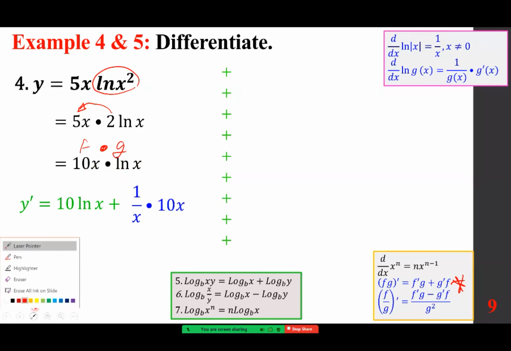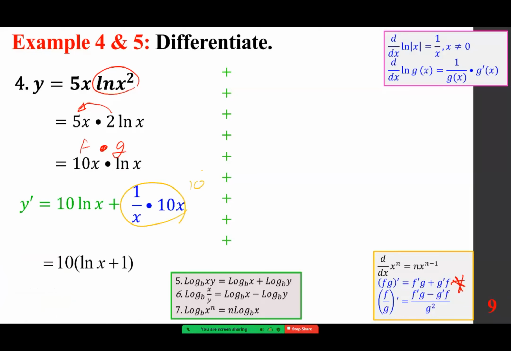And clearly, this one will become 10. I can factor the 10 out, and I'm done. Meaning, again, this with the asterisk is the only calculus step, everybody. It's the only calculus step.